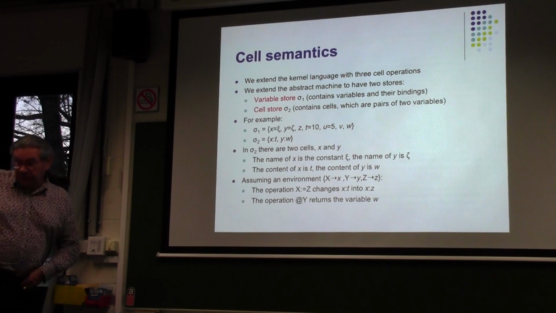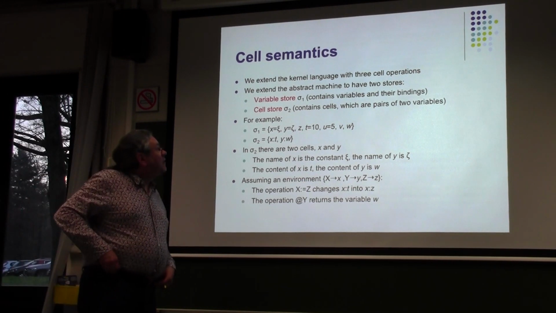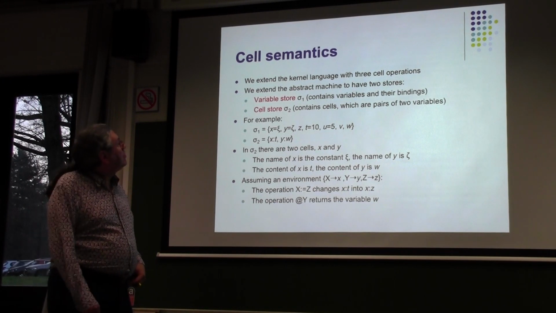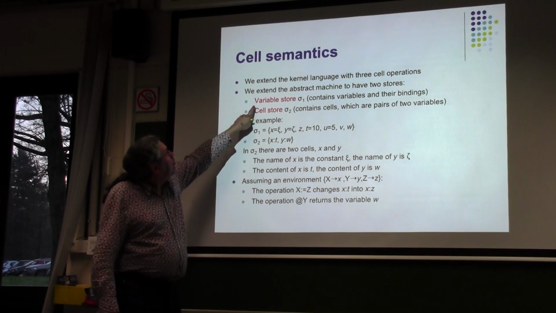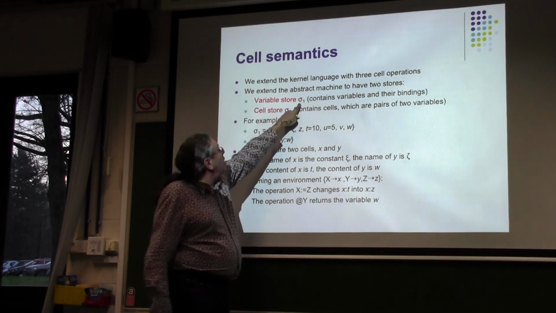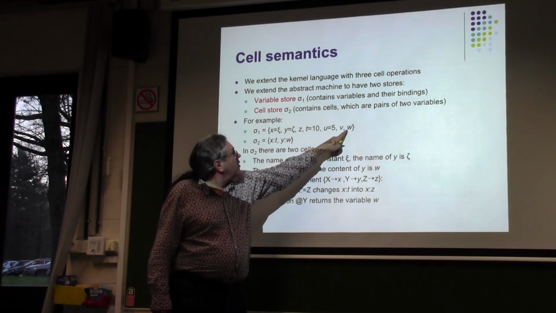The semantics of this beast, let me very simply remind you, is added to the kernel language. Now we will have two stores. Before we had the variable store, which I call sigma 1, which contains variables and their bindings.